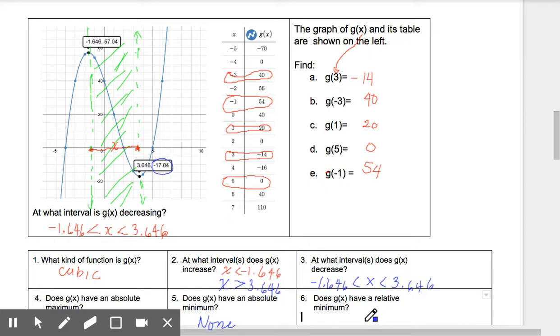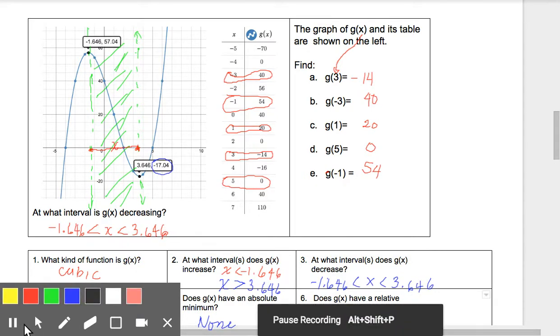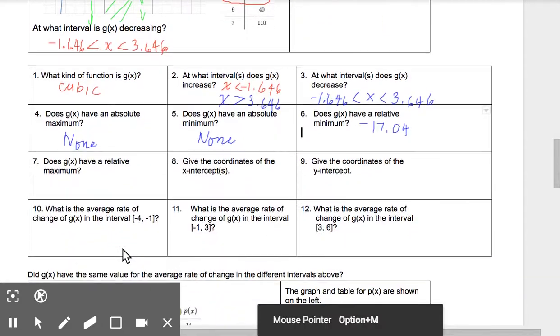Yes, and that is negative 17.04. So we can say that this is the minimum value of g of x. Now, if we want, the relative minimum point is 3.646, comma, negative 17.04.